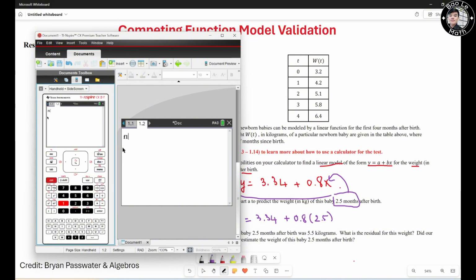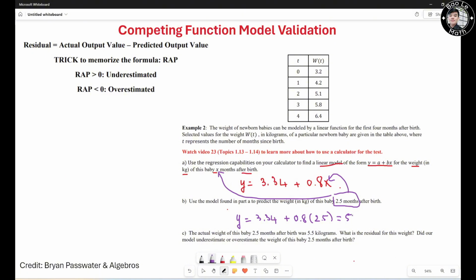Hit parenthesis, and you put 2.5, close parenthesis, hit enter. The answer is 5.34. Now let's move on to question C right here.